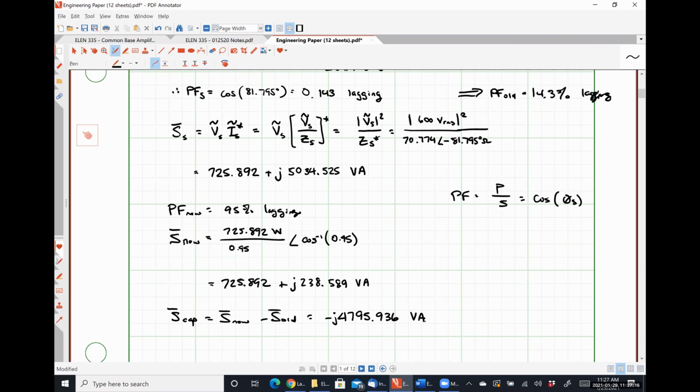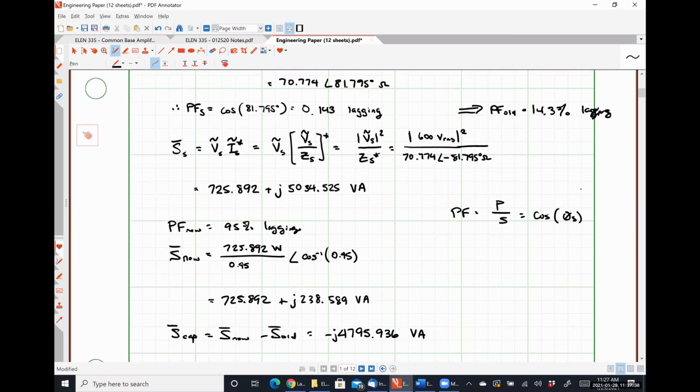This number needs to be negative. Okay, if it's not negative, you've done something wrong. So our capacitor should be absorbing negative 4.79 kilovolt amperes or supplying positive 4.795 kilovolt amperes.